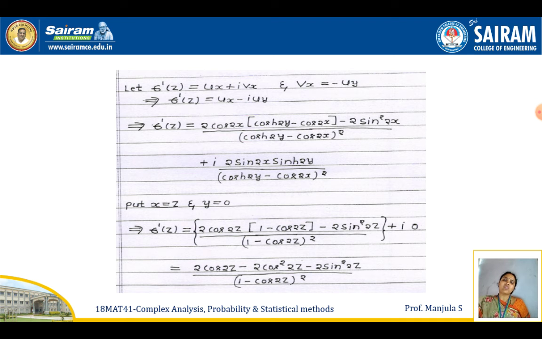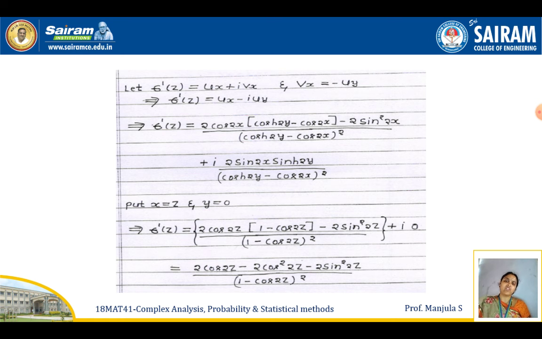So f dash of z will become 2 cos 2x into cos hyperbolic of 2y minus cos 2x, minus 2 sin square 2x, divided by cos hyperbolic of 2y minus cos 2x whole square, plus i into 2 sin 2x sin hyperbolic of 2y divided by cos hyperbolic of 2y minus cos 2x, that whole square.